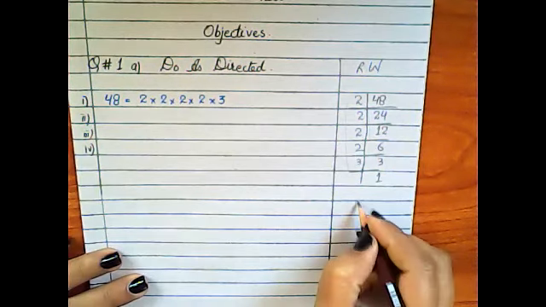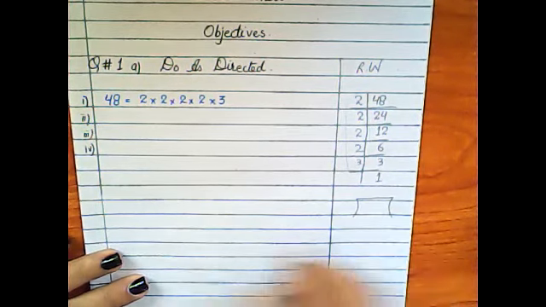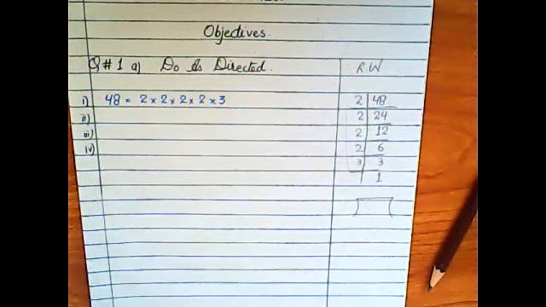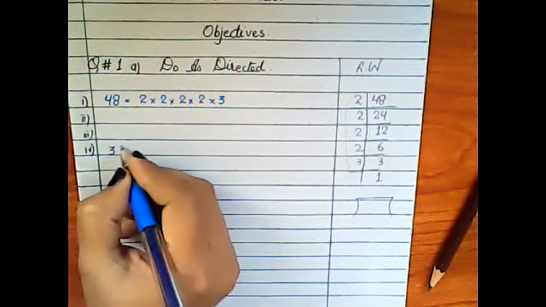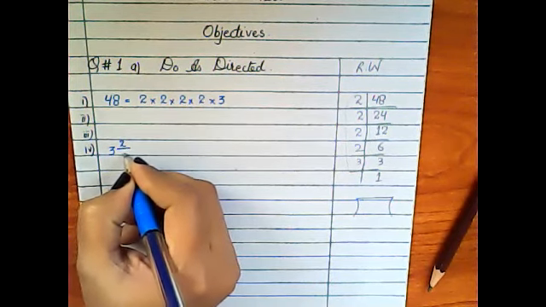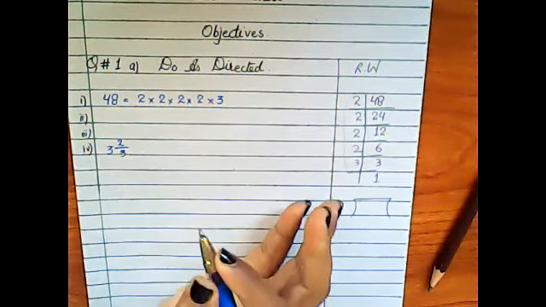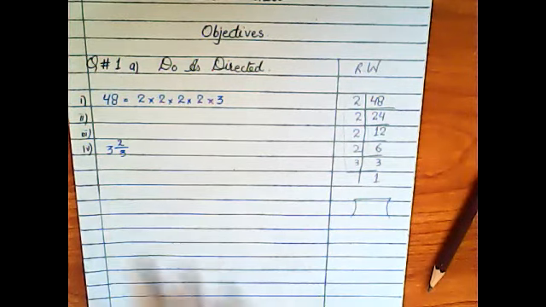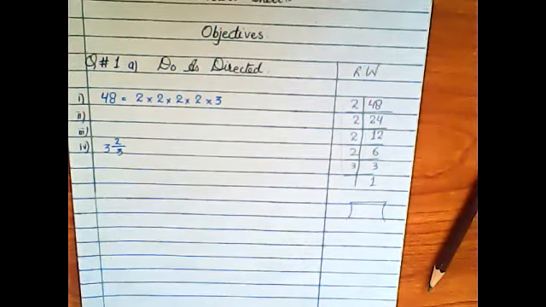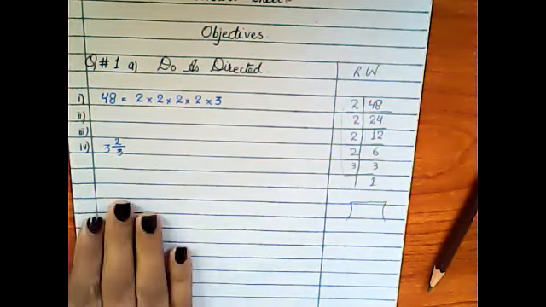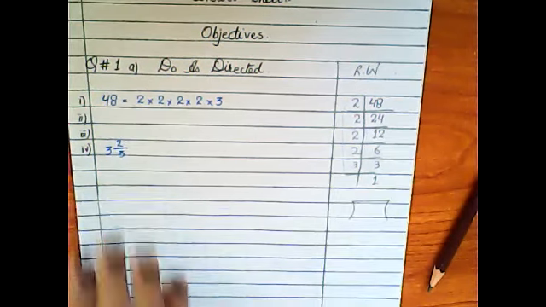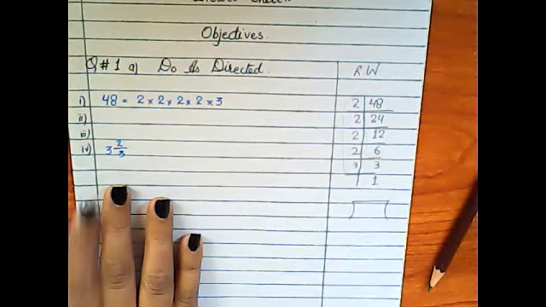You will perform your calculation in the working column and simply write down your answer directly here, for example 3 whole 2 upon 3, whatever. Now after completing your do as directed, I don't know how many there are. It may be 10 or it may be 20. It's up to the paper, and you have to attempt all the do as directed.